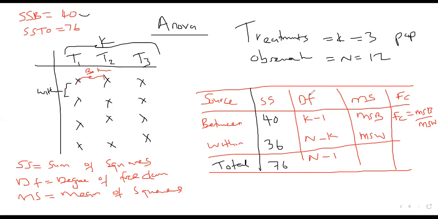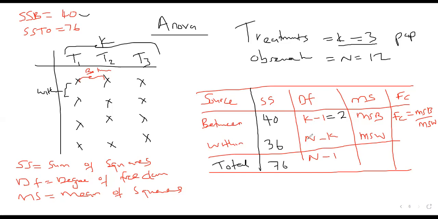Then let's go to the degrees of freedom. We use what has been given there. K minus 1: our K is 3, so 3 minus 1 is 2.